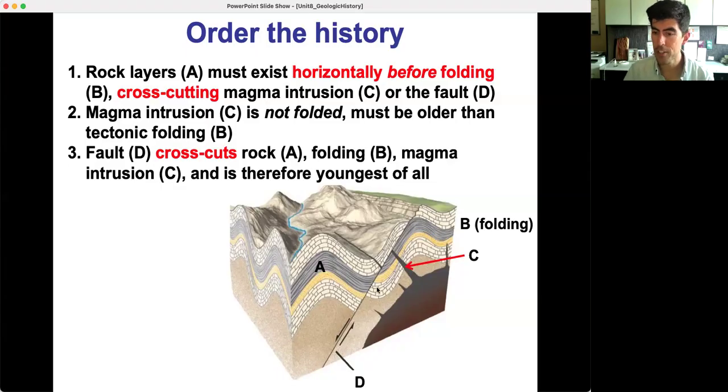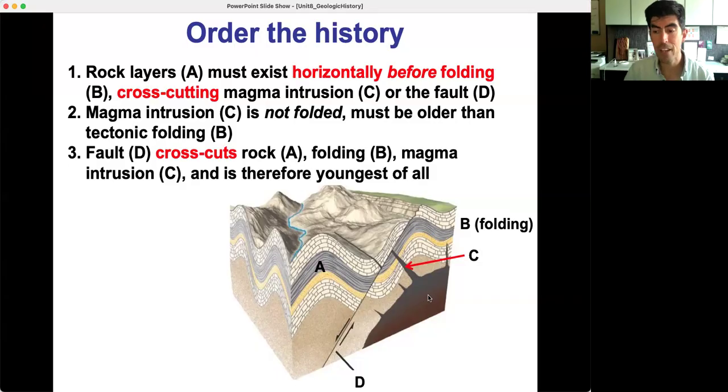The fault cuts across all of the sedimentary layers, and it cuts across the layer or magma intrusion C. Also, this fault is not folded, so we can also tell that it is coming last in this order. So our order is A, B, C, and D. The sedimentary layers were laid down first, then they were folded by the tectonic processes.